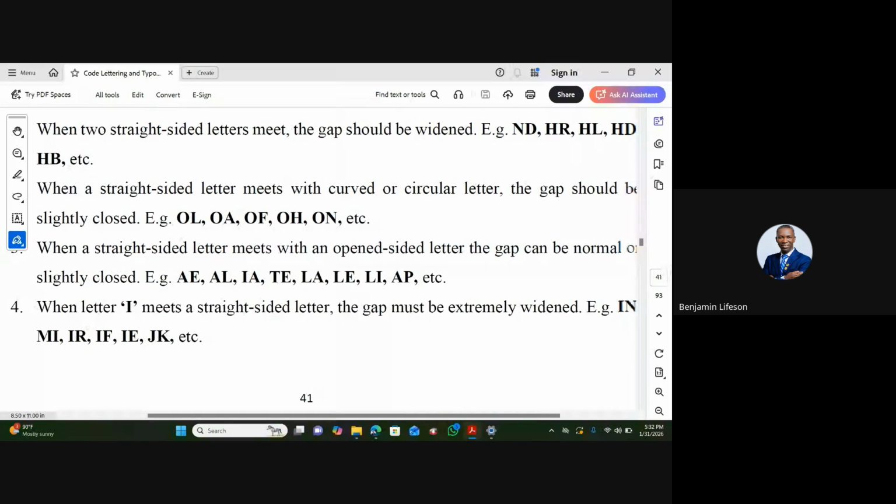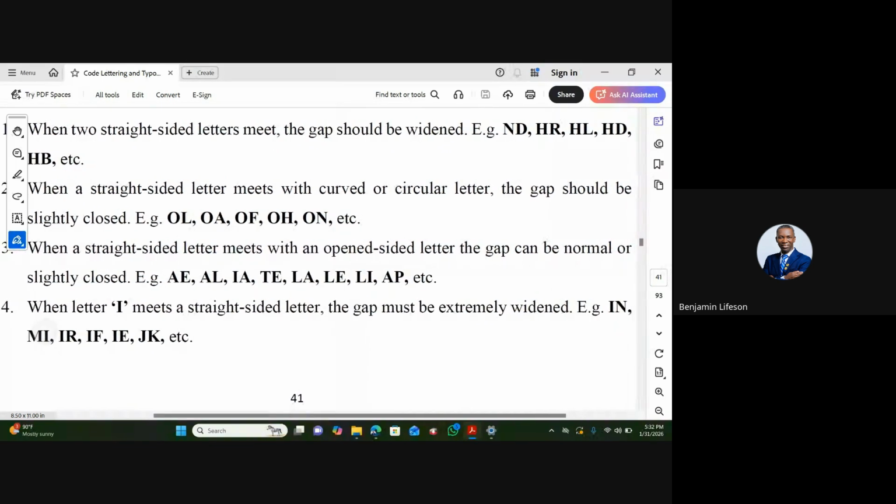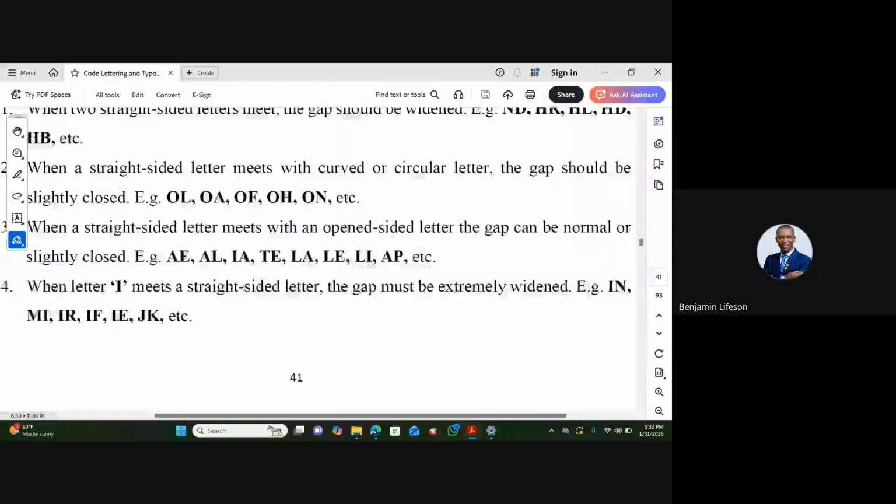Straight-sided letters meet with an open one. The open ones are L. So when they meet, it should be normal.